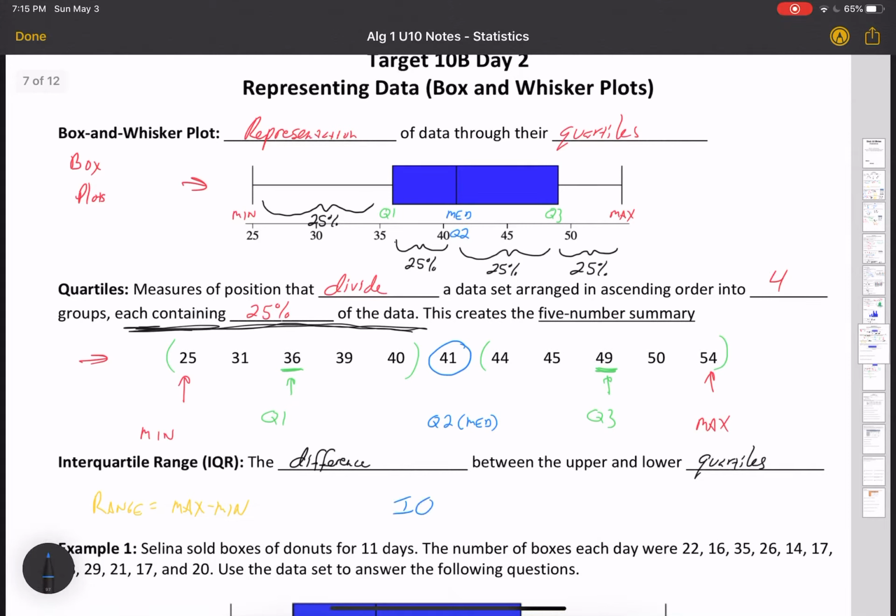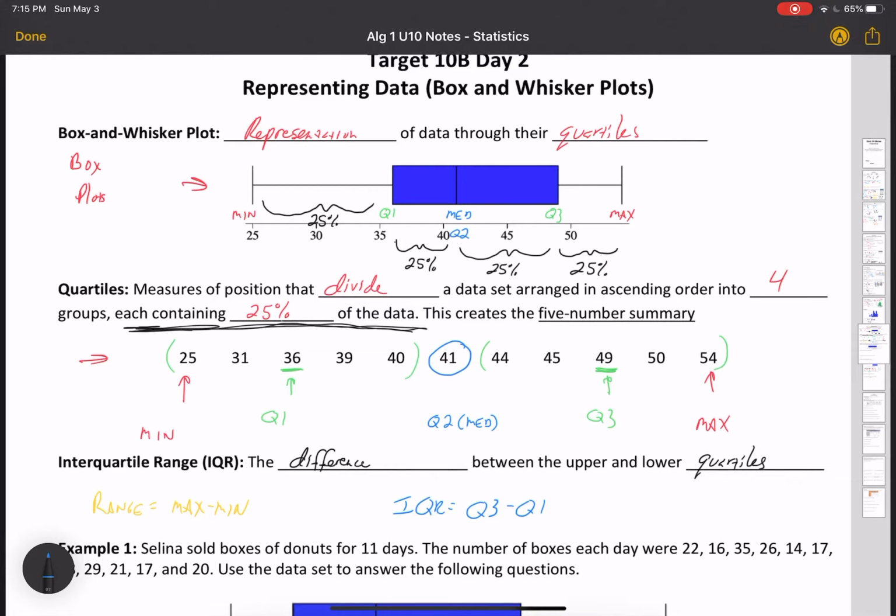The IQR is Q3 minus Q1. So the range represents the spread of the entire data set, max minus min. IQR represents the spread of the middle 50%, Q3 minus Q1.